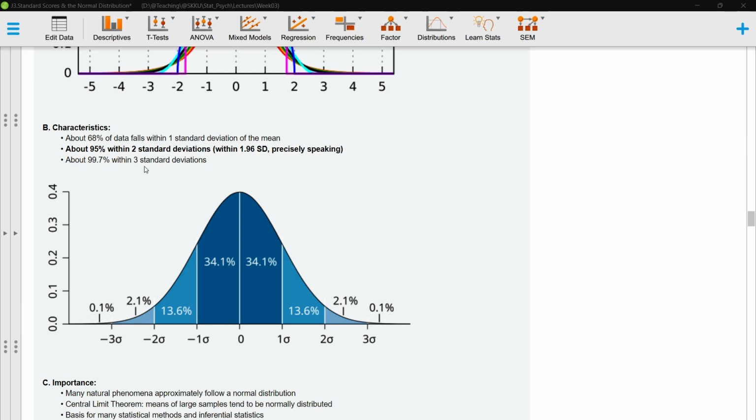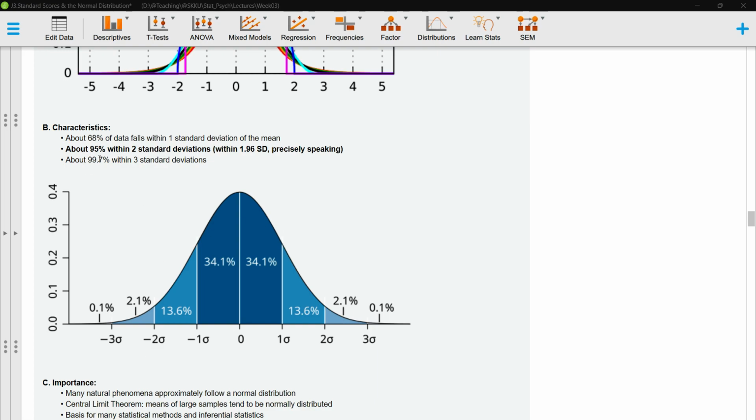And within 3 standard deviations, from -3 standard deviations to +3 standard deviations, it covers almost the whole area, but not perfectly. So actually 99.7% of the total area is covered within this interval.